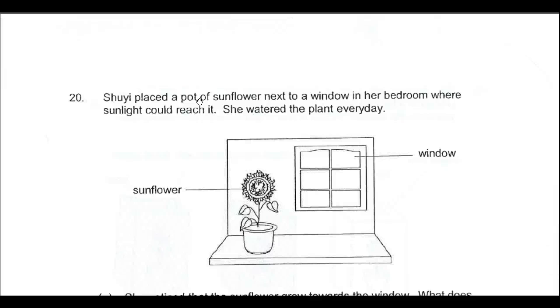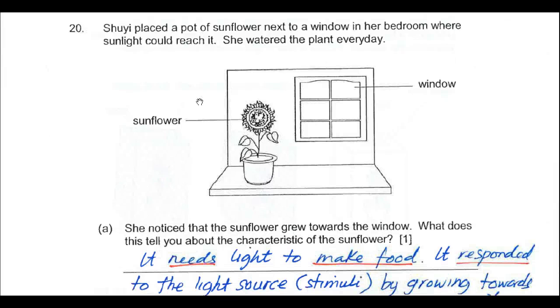Let's carry on. Number 20, she placed a sunflower next to the window of the bedroom. Now take this sunflower not as what you understand about sunflower, but as plants. Some of you knew that the sunflower responds to the direction of sunlight. If you say that, it is correct, as it talks about living things responding to changes in surroundings.